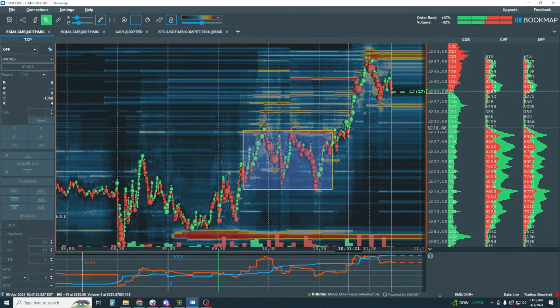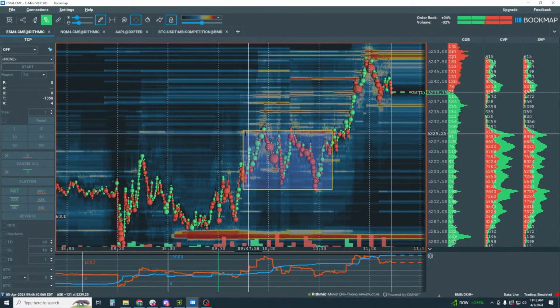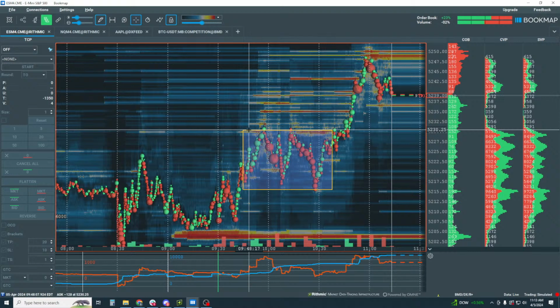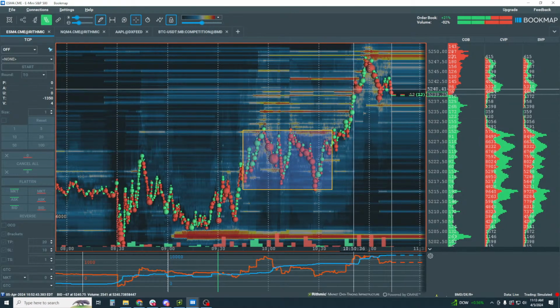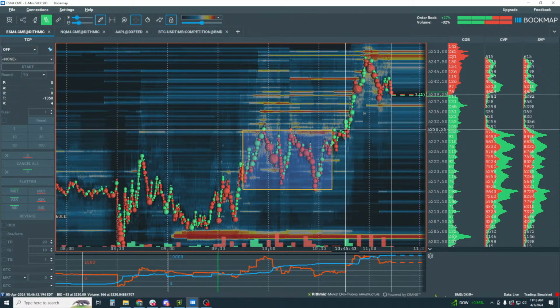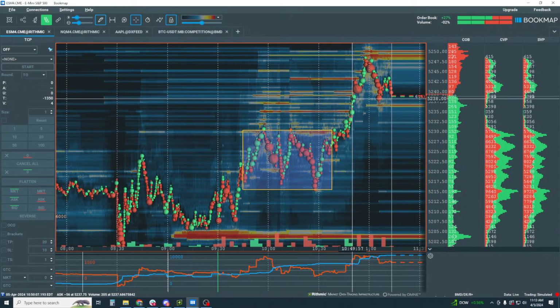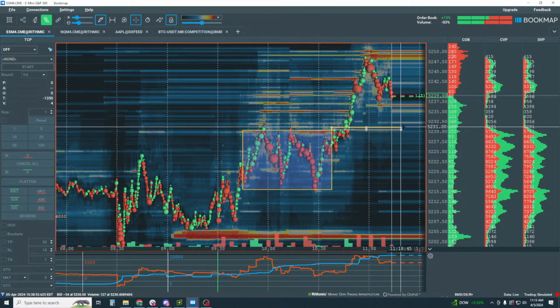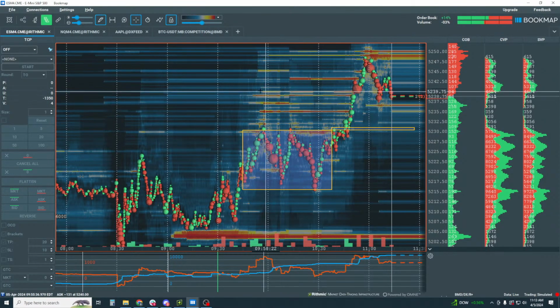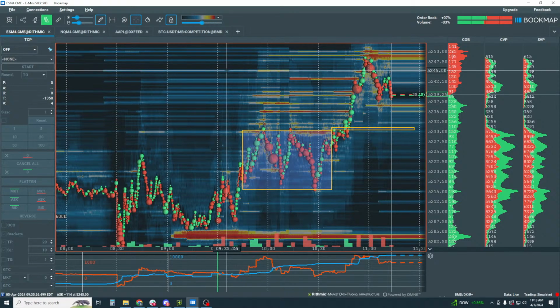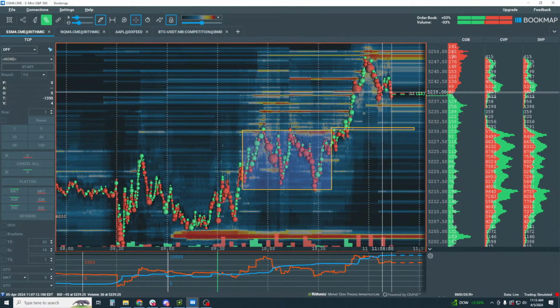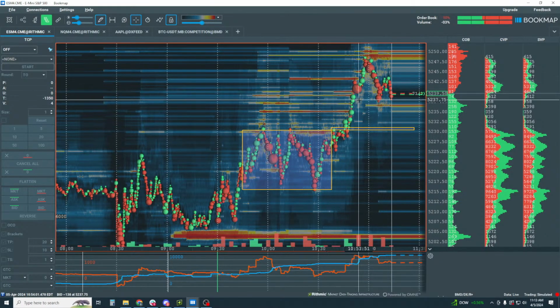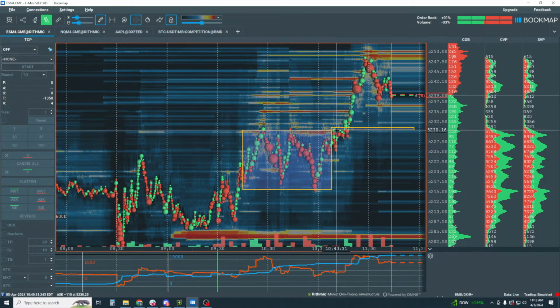Right, so the point I'm trying to make here is the concept is exactly the same, and then what you're looking for is a lot of volume here to move it away from this zone in here. Now we may see it come back and retest this zone here, back to 52.30 where it broke out from. Okay, sellers starting to come in, right? So that's a possibility in here.